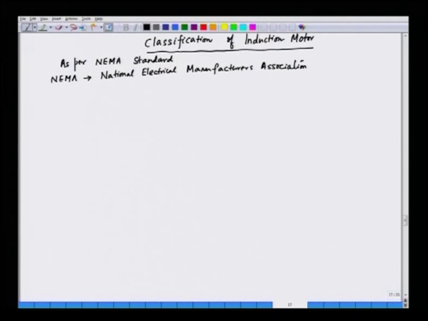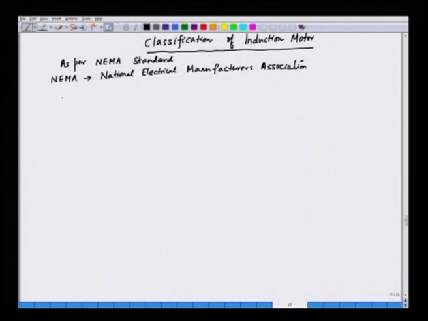Now, in this case we can classify the induction motors in various categories, and these are suited for some specific application. We will start with class B. Class B induction motor is basically a normal motor having normal torque and normal slip. They can be used for very general application.